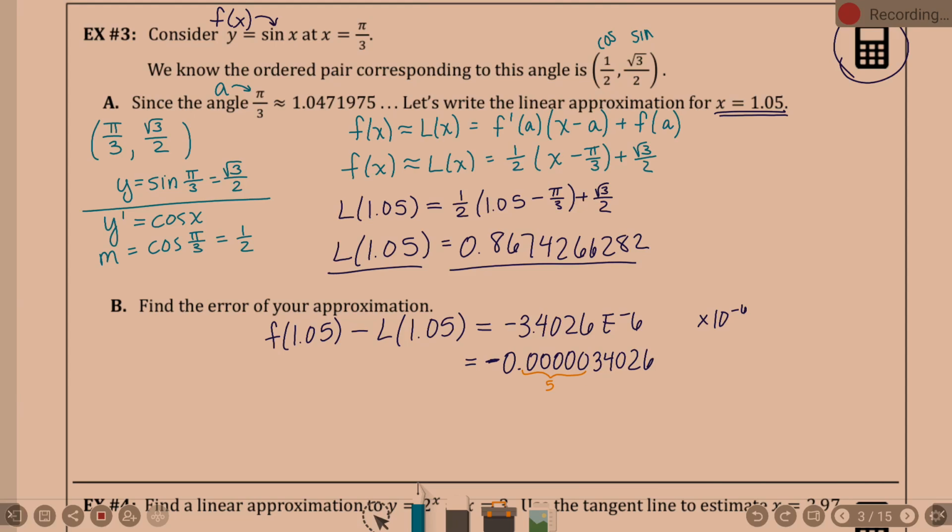So since there are 5 zeros there, that would be stated as the error: the absolute value of error is less than 10 to the negative 5th. Okay. That's one way to express it. Not to say that you might not need to just give the error as this also, the negative 3.4026 times 10 to the negative 6, because that is also your error.